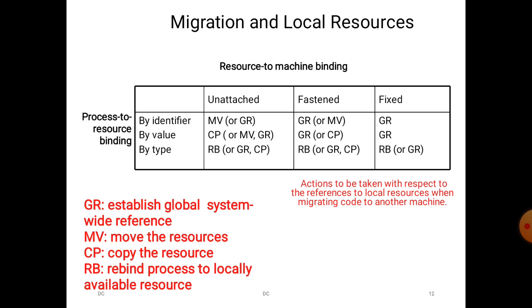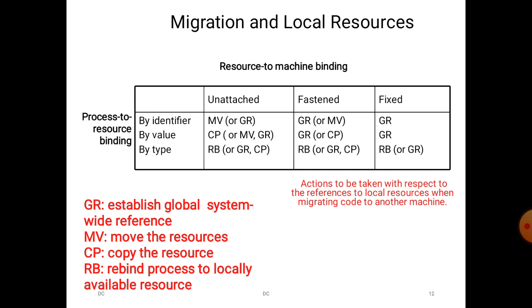So for migration and local resources, we can tabulate them. We can identify how the process to resource binding happens. We can classify them by identifier, by value, or by type. When identified by identifier, we can check the state, whether they are unattached, attached or fixed.